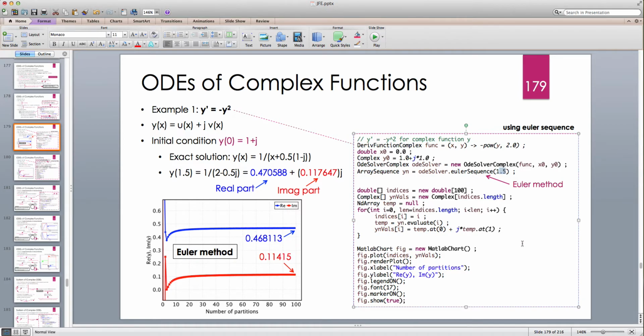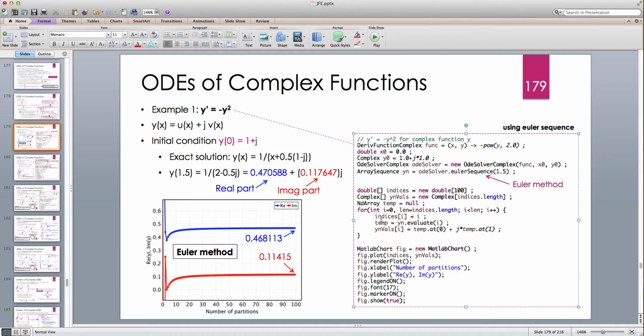And then we create an array of indices, an array of complex functions that represent basically the complex solutions. And then for int i equals 0, i less than length of the indices, indices i is basically i, and then we calculate this sequence at i.